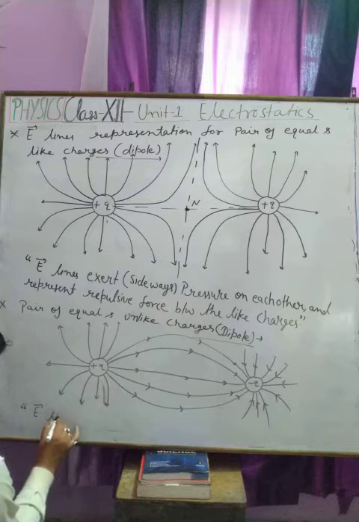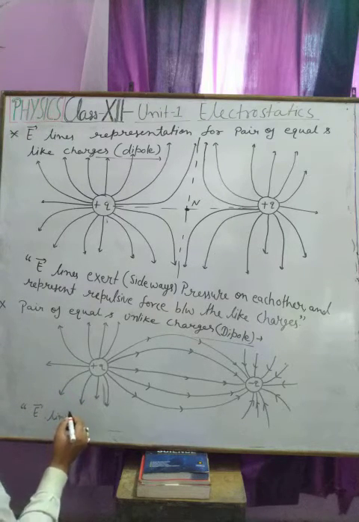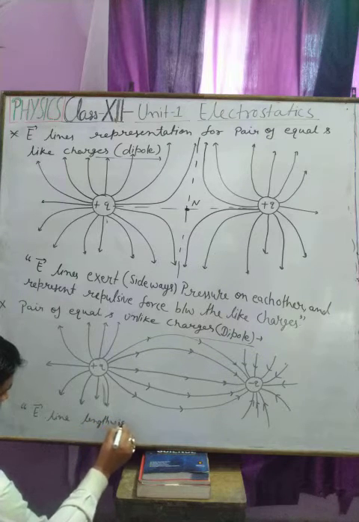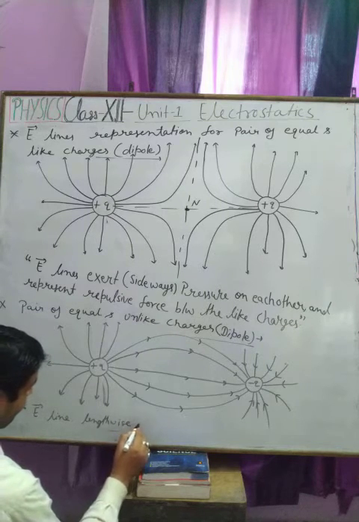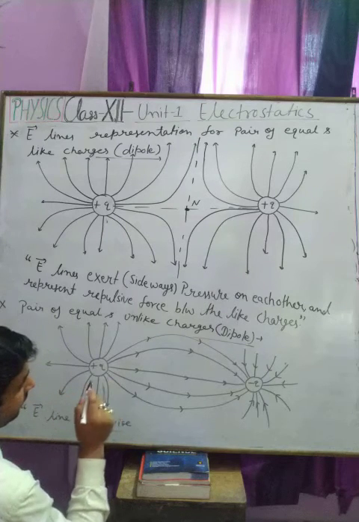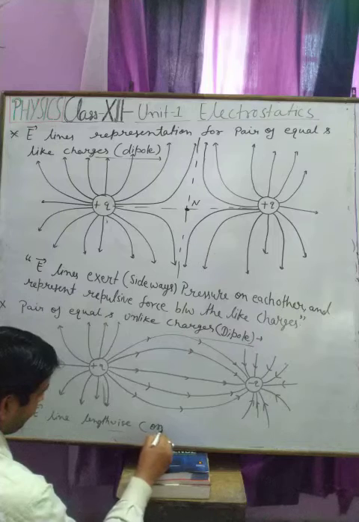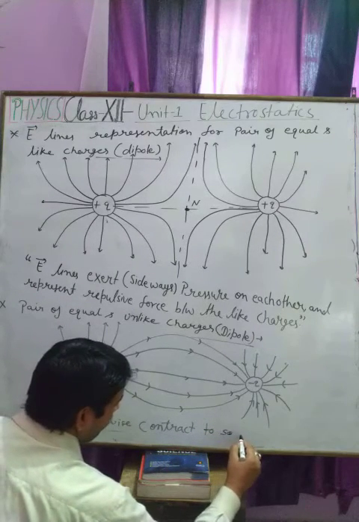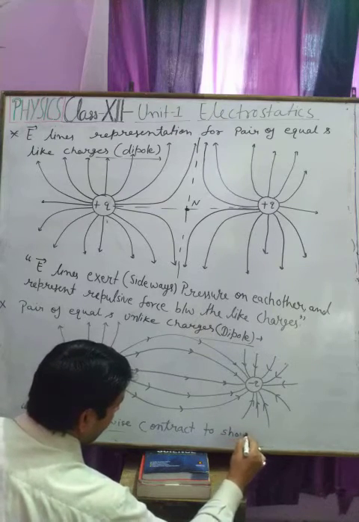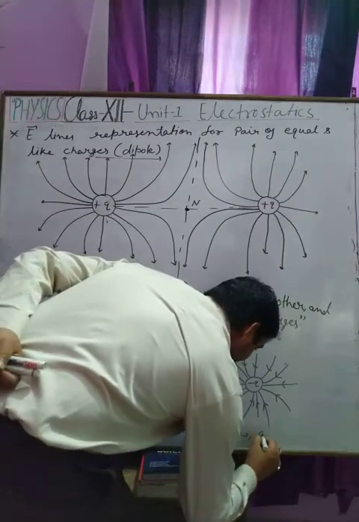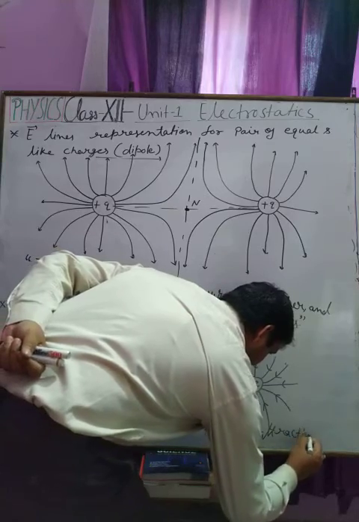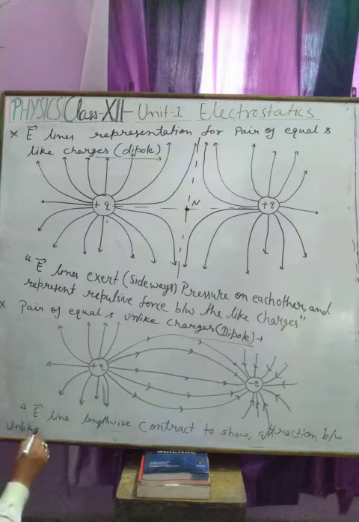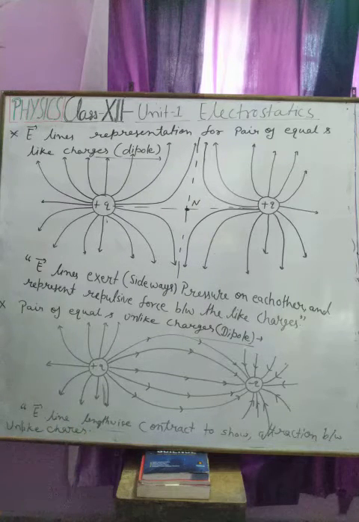Electric field lines contract lengthwise to show attraction between unlike charges. Copy this.